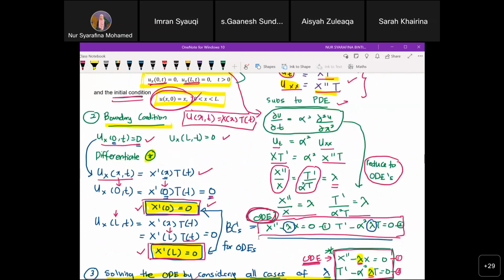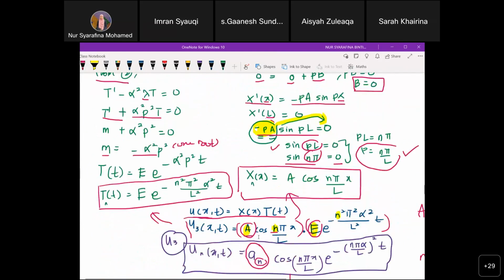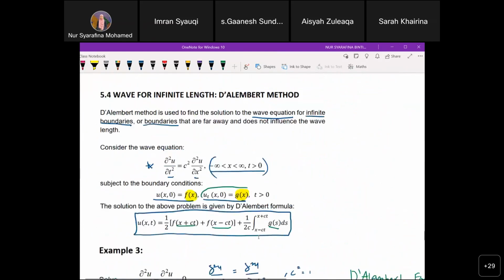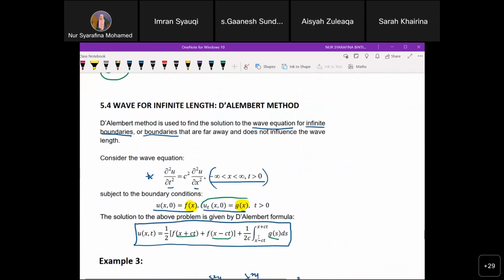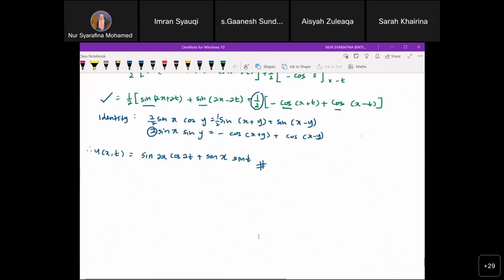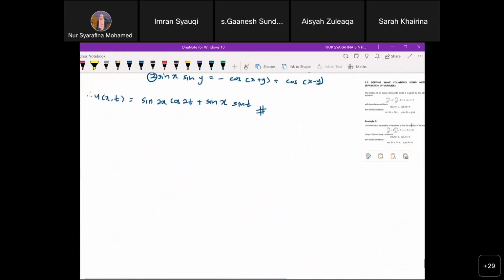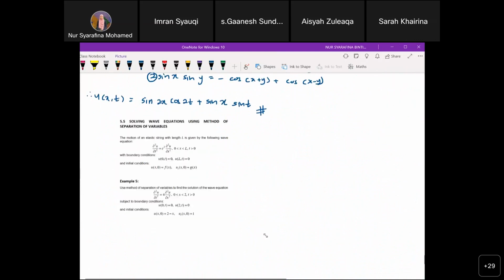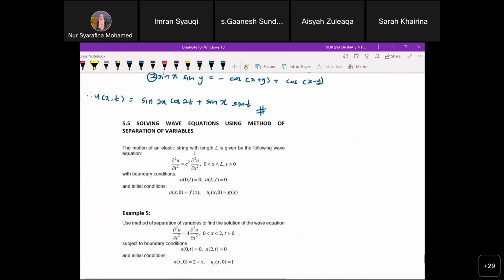Okay, and now for the wave equation with infinite boundaries, we use the d'Alembert method, and we can also use MSV to solve the wave equation. So let's discuss how we can solve the wave equation by using MSV.